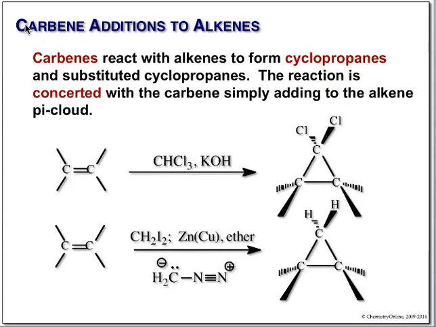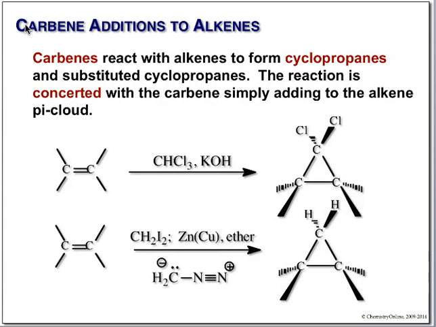Carbenes. Carbenes are strange things. A carbene is a carbon with two unshared electrons, empty p orbitals, and it's just extremely reactive. We can make dichlorocarbene simply by taking chloroform and KOH. What happens is the KOH will remove HCl.